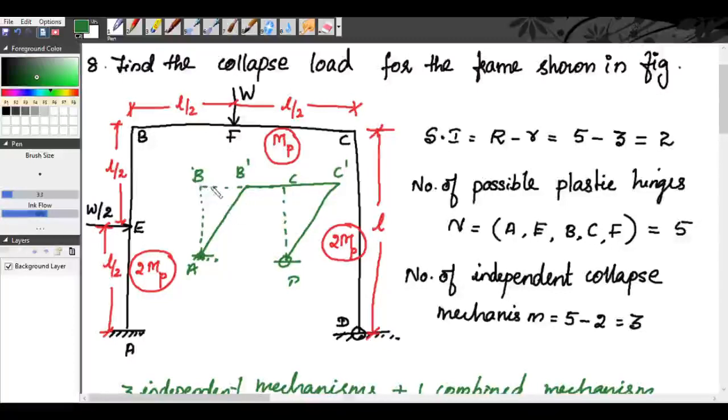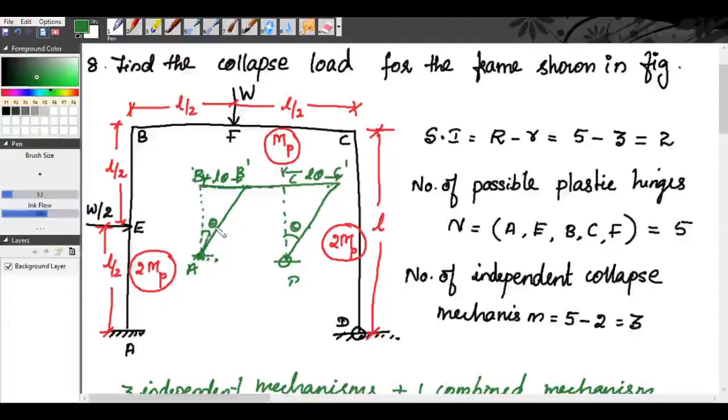B and C get shifted to B dash and C dash. There is no mechanism in the beam BC, but the columns are subjected to theta, the same theta. This distance is L into theta, and this distance is L into theta.